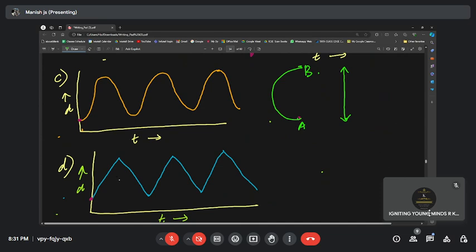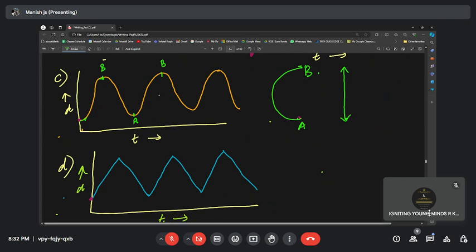Whenever you have circular motion, the movement of the object is going to be sinusoidal. Sinusoidal motion means it gradually increases, like a sine curve. So it increases and reaches the maximum point. This is point B, and then she will decrease from point B gradually as she comes to point A. Again she reaches the highest point, point B, for the second revolution.